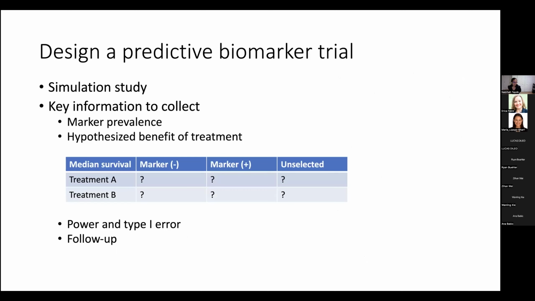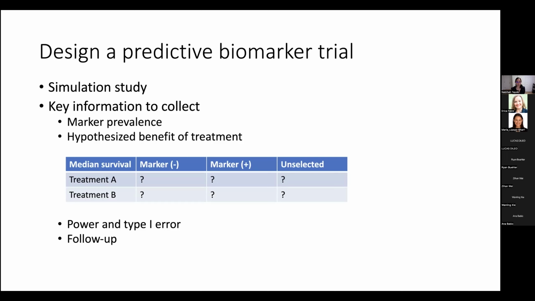So the way to actually design the study and figure out your sample size would be, I would say, to use a simulation study. I don't know whether there's any software that handles an interaction, for example. I'm sure they have come up with it, but I find a simulation study to be the most useful. Some of the information you need to collect: like I said, you need to know your marker prevalence.